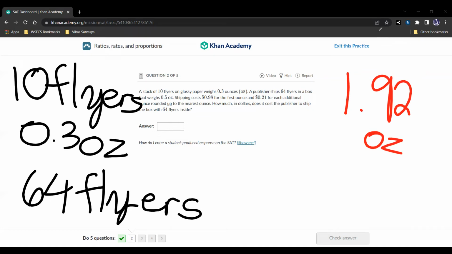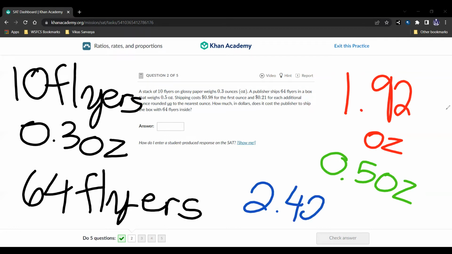And then, of course, we have the extra 0.5 ounces of the box that we're shipping this whole thing in. All right. So the net weight of the whole thing, the 1.92 plus the 0.5, is going to be 2.42 ounces.